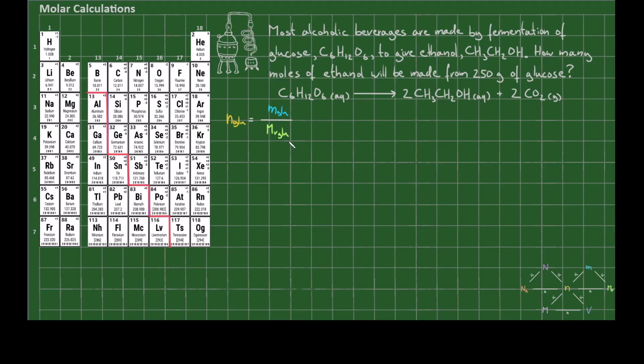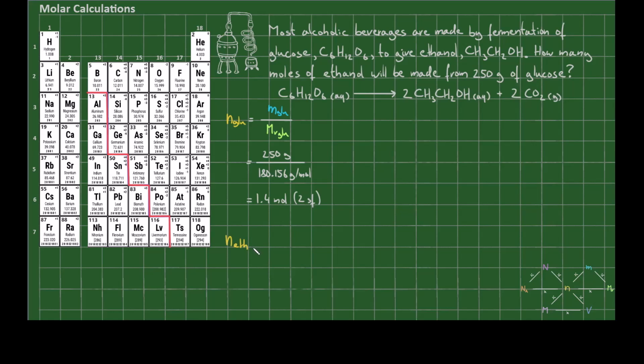Now that I have my formula, I can substitute. 250 grams of glucose divided by the molar mass of glucose that I have calculated using the periodic table of elements. According to my trusty calculator, this gives me 1.4 moles of glucose when rounded to two significant figures. Now I can calculate the number of moles of ethanol.